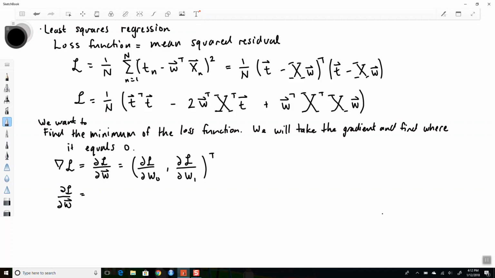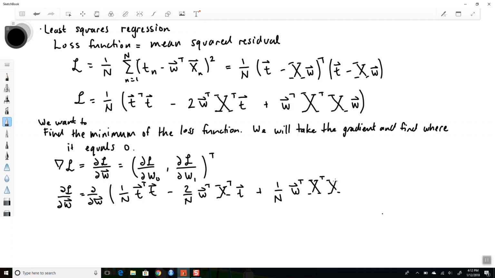So this is just the derivative with respect to w of 1 over n T transpose T minus 2 over n w transpose X transpose T plus 1 over n w transpose X transpose X w.